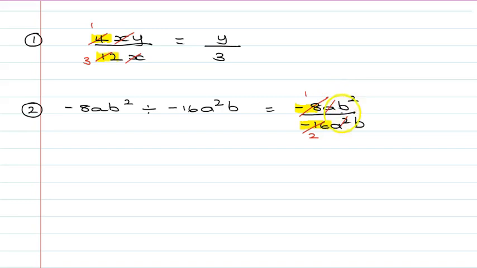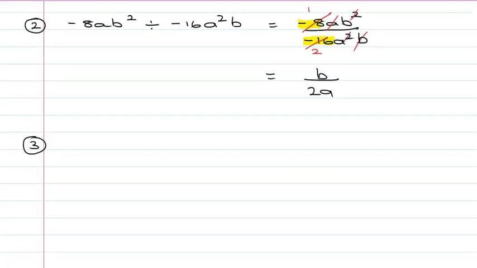Similarly with b, we've got a b squared here, which is b times b, and a b at the bottom. So therefore, only one of those b's can cancel out, and we're left with one b at the top. So writing the whole answer, we're left with 1b, or just b, we don't normally write the 1, so I'll just rub that out, divided by 2a.